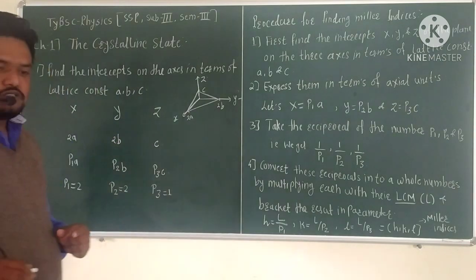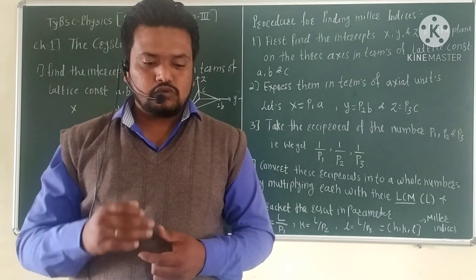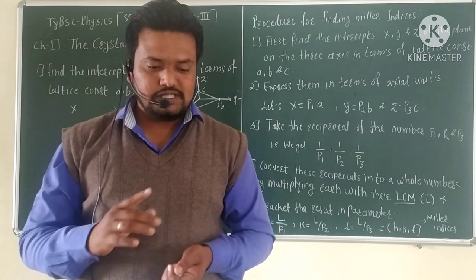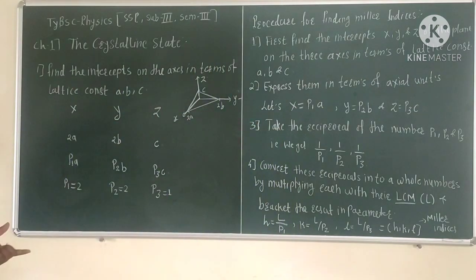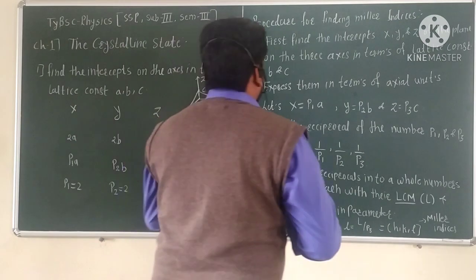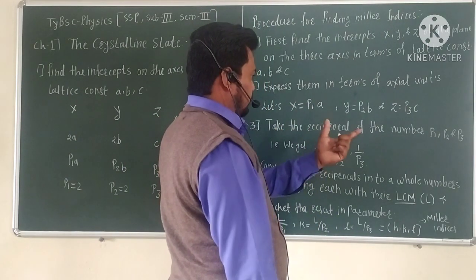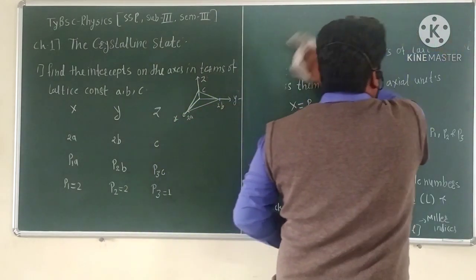Up to this point, you get the intercepts in terms of the lattice constants a, b, c. Now in the next step, take the reciprocal of the numbers p1, p2 and p3.